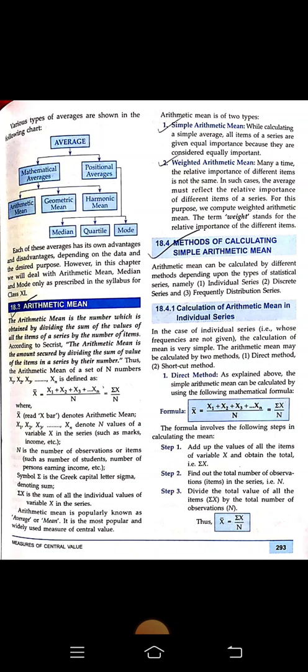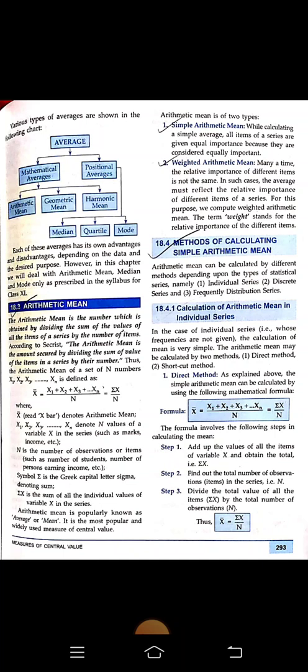The arithmetic mean is the amount secured by dividing the sum of the values of the items in the series by their number. Thus, the arithmetic mean of a set of n numbers.